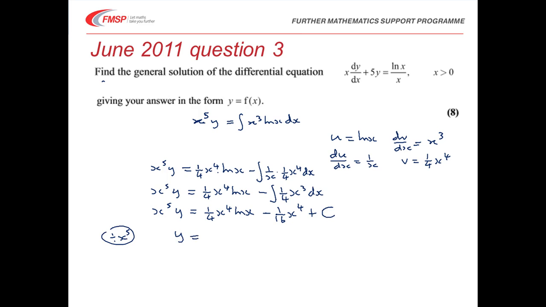So y is ln x over 4x minus 1 over 16x, and don't forget to divide c by x to the 5 as well. And there is your final answer.